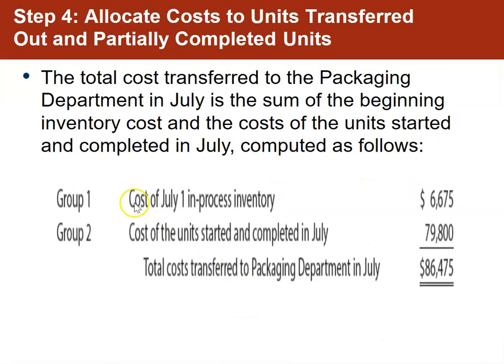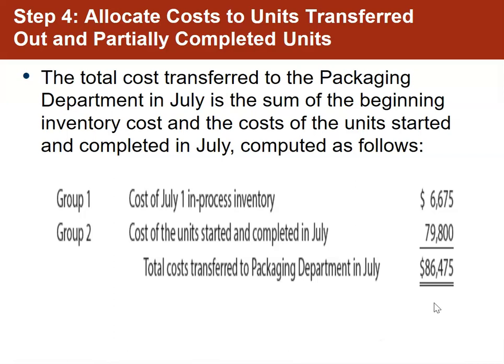So the cost of the July 1 in-process inventory was the 62.25 plus the 450 conversion cost that we incurred in July, for 66.75, plus the cost of the units started and completed, the 79.8 we just looked at. So total cost transferred to the packaging department in July is 86,475, not 90,000. We still have to account for the full 90,000, however.